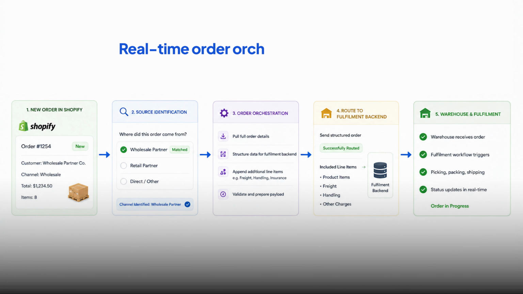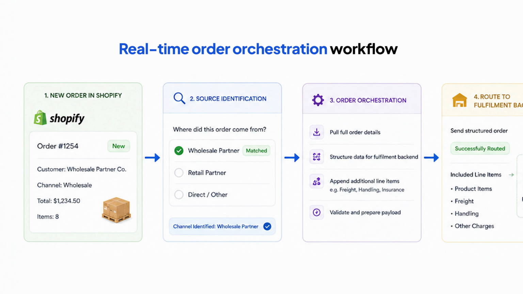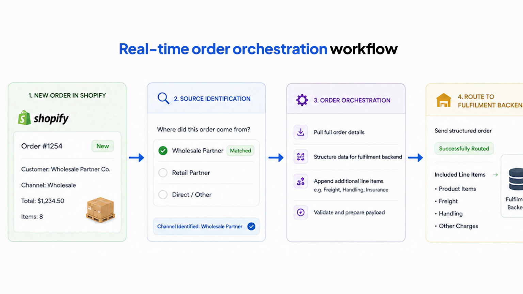But previously, the team had to manually identify those orders and make sure each one went through the right process, which means everything depended on a person catching every order every time without making mistakes. Eventually, that breaks. So we built a real time order orchestration workflow. The moment a new order lands in Shopify, the automation instantly checks where it comes from.